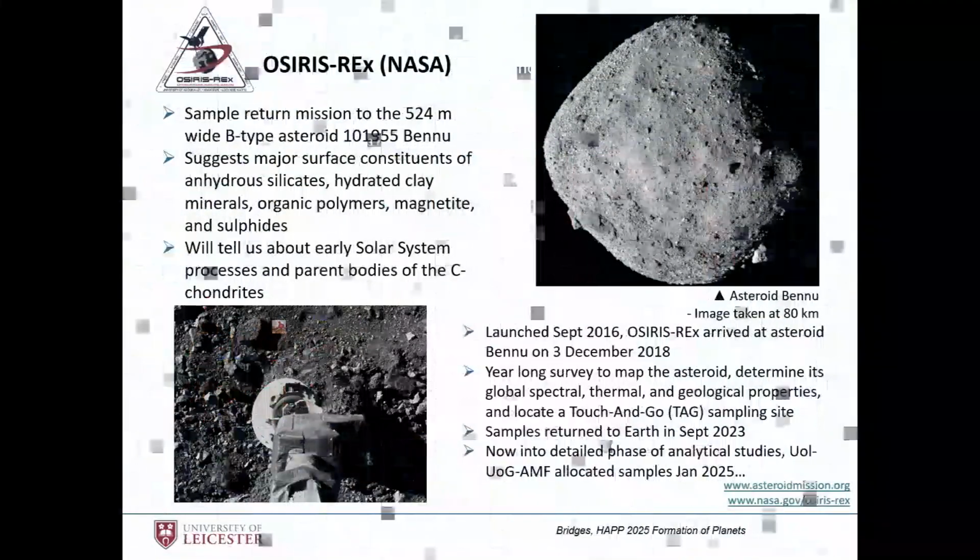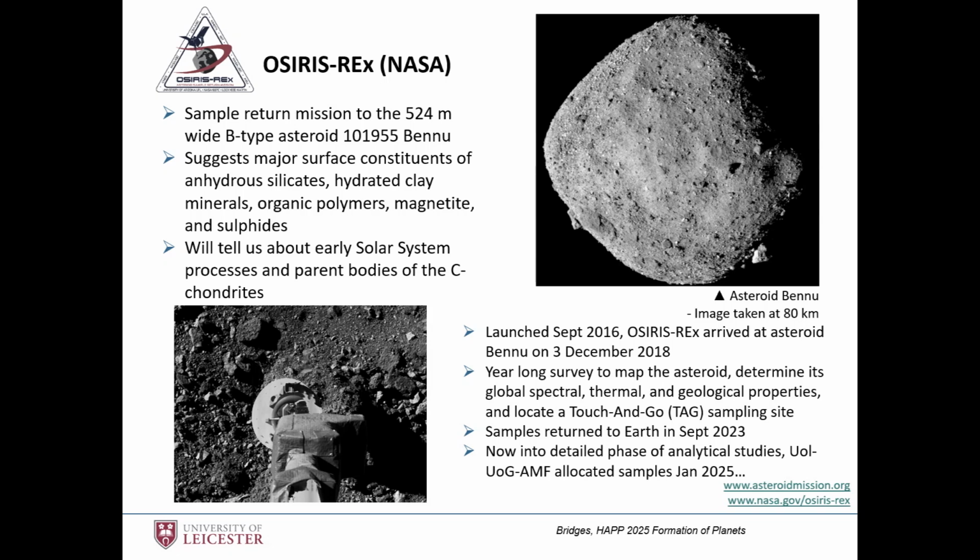OSIRIS-REx, one of the more recent ones. First set of publications are coming out, and we're now moving into a detailed phase of analytical studies. So that's going to be really exciting when we really start unpicking what this asteroid is made of, this B-class asteroid, and start relating it to our meteorites as well.